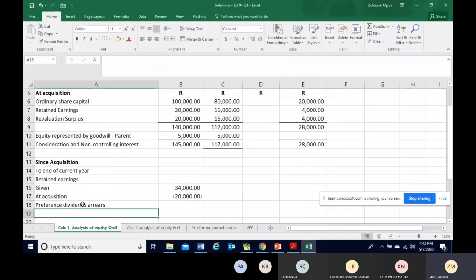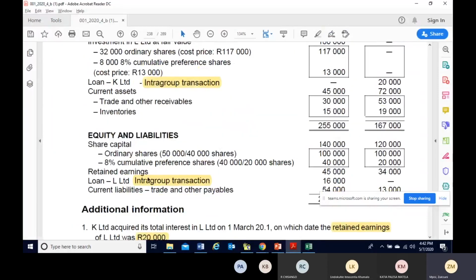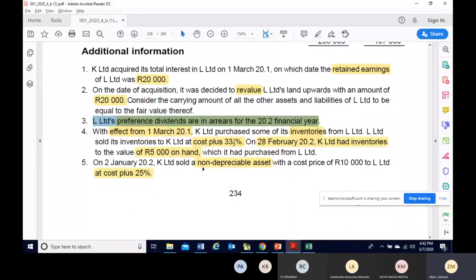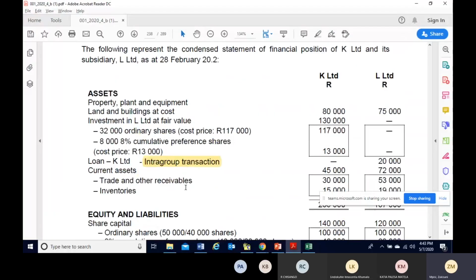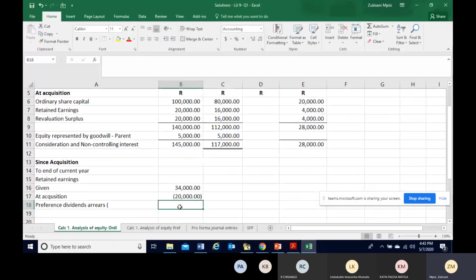Remember that the question told you that we are dealing with cumulative preference shares, so we have to make a provision for this, which is how much? Do we know how much it is? It is 8% multiplied by 13,000. 8% multiplied by 13,000.